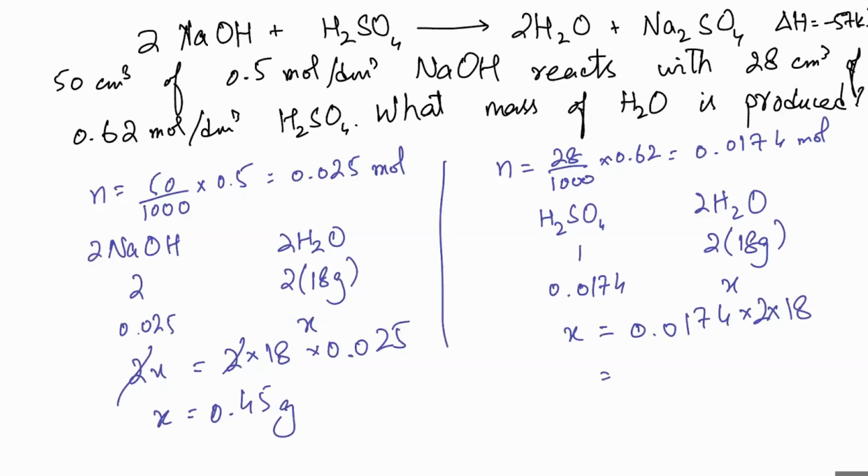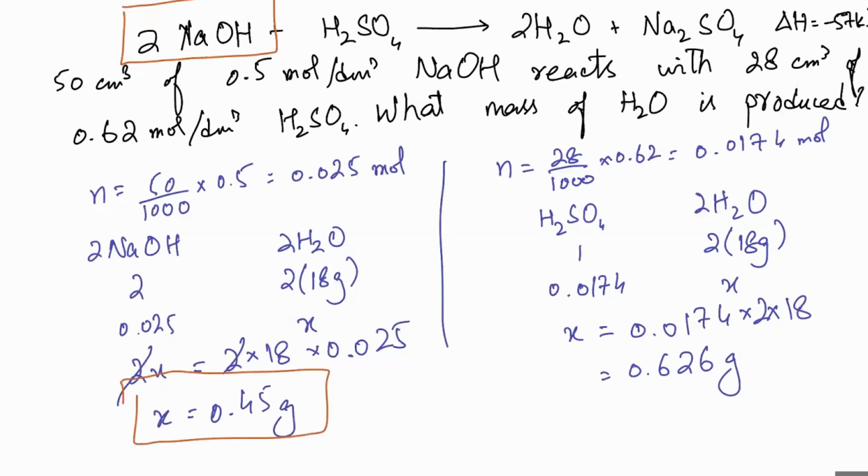So that is 0.626 grams. Clearly, this one is less. So we will say that sodium hydroxide is the limiting reactant. और जब limiting reactant होता है वो decide करता है कि कितना produce होगा. So 0.45 grams water produce होगा. पहली तो ये बात होगी.